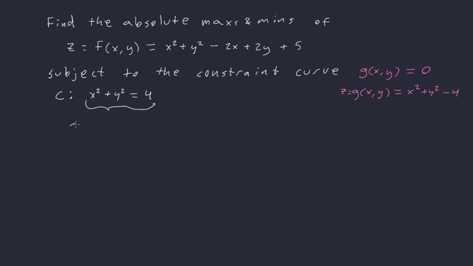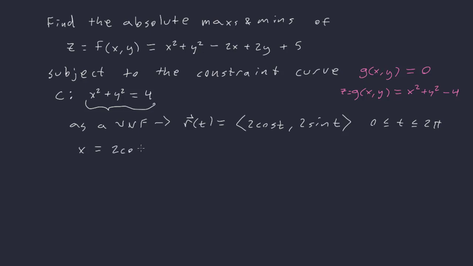So this curve as a vector valued function would be, we could say it's r of t equals the vector valued function 2 cosine t and 2 sine t, and that's for t going between 0 and 2 pi. Okay, so that is one way to parameterize this. This is one way to get this simplified. So what we're essentially doing is saying that x is 2 cosine t and y is 2 sine t.